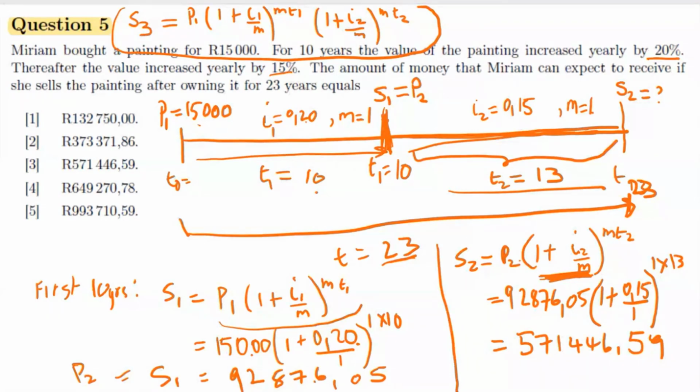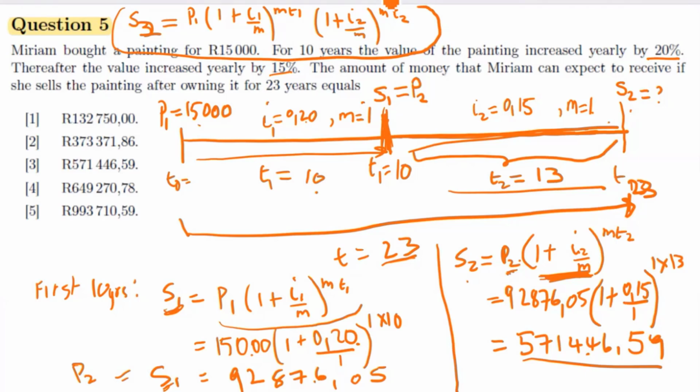Why? It's important for you to get an answer as 571 and not add this, because what I've found is when people have calculated your S2, they go and say S2 plus S1. It does not work like that. Remember, when you calculated your S2, you've already taken the accumulated amount of S1 into consideration.